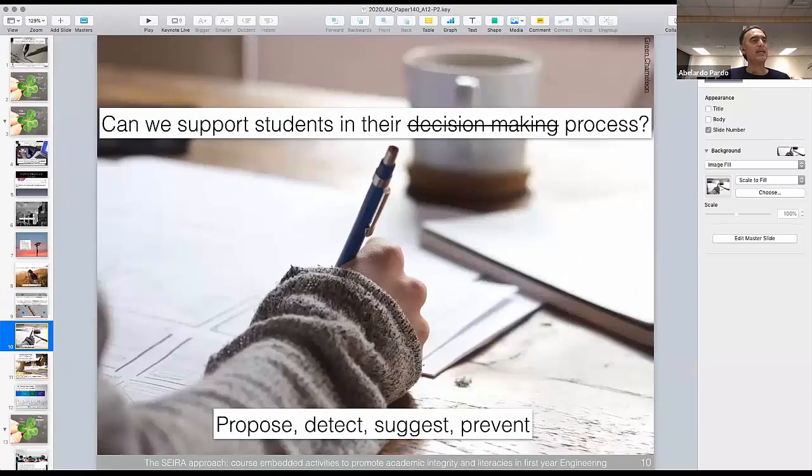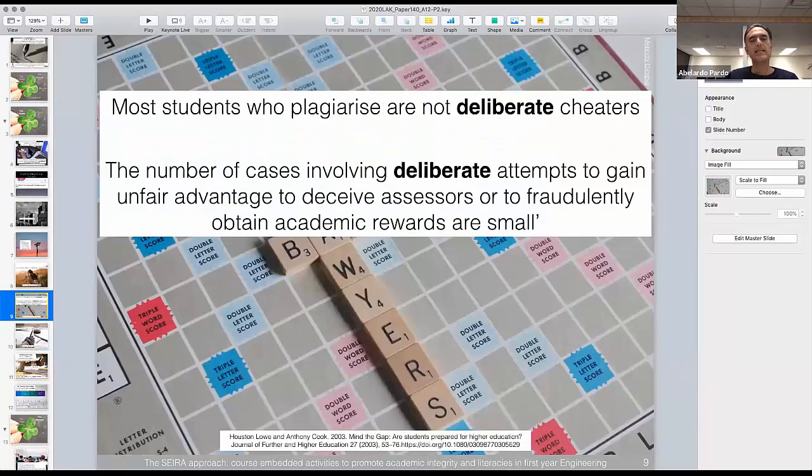Anyway, I hope we are following the discussion. I was about to say this article that we found showed us how most of the students that are involved in an academic integrity case are not deliberate cheaters. And this was important. I'm glad you flagged this anomaly with the presentation, because it was a pivotal moment for our study.